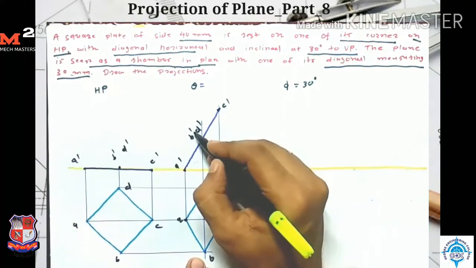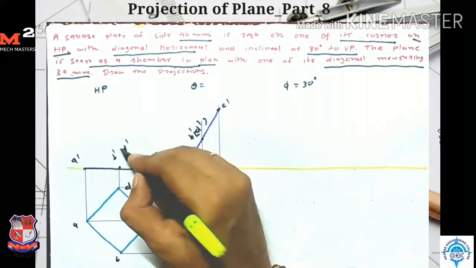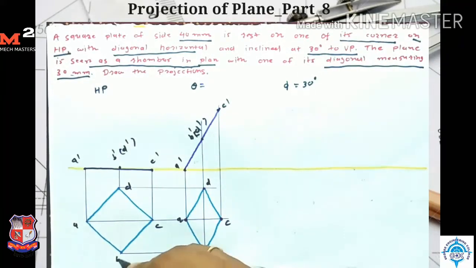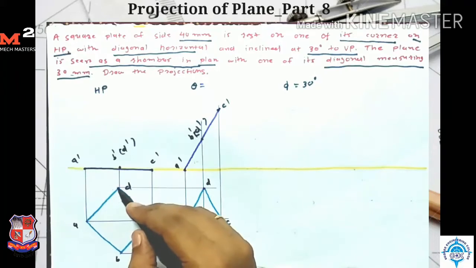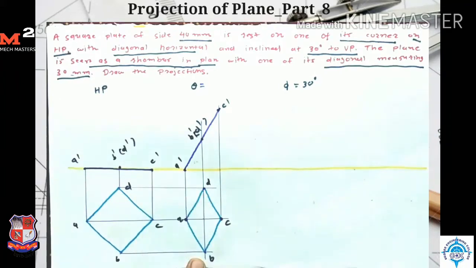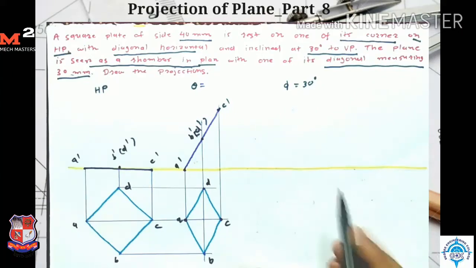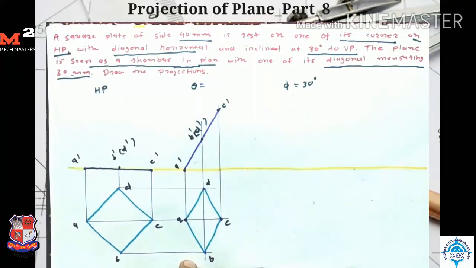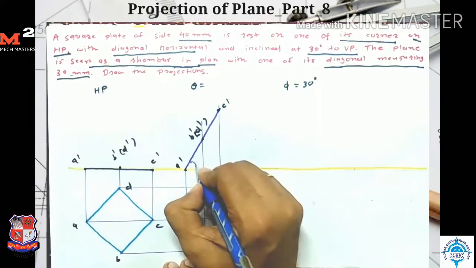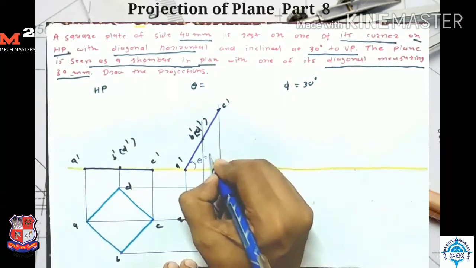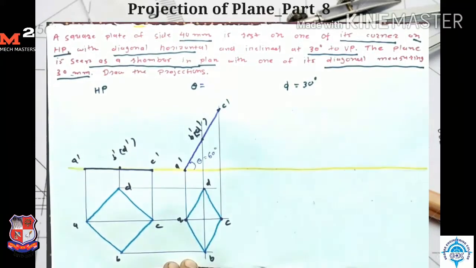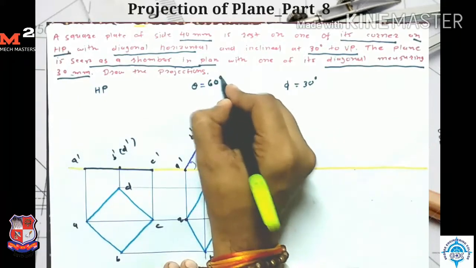Here D dash point is a hidden point, because we see from the front, then D point is hidden, so I indicate D dash in bracket. So in this way I complete the second stage. If I measure this angle, then this angle theta is equal to 60 degree.